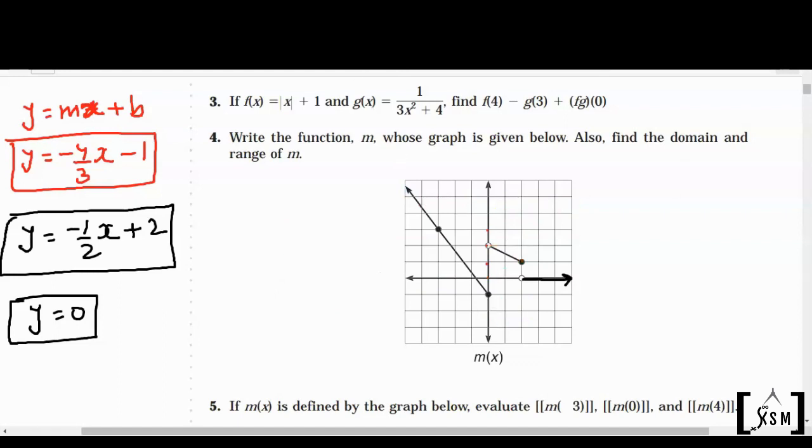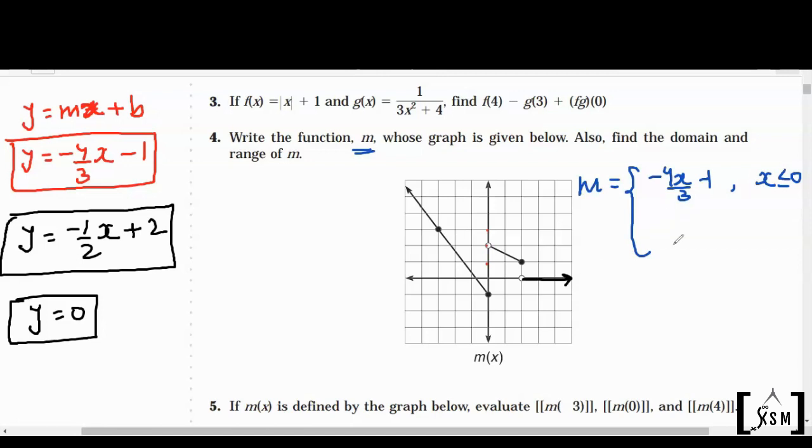Okay. So now the conditions are: the function name is m, so we'll write m equals, first function is minus 4x over 3 minus 1. This first function is defined for all values which are less than or equal to 0, right? So we wrote x is less than or equal to 0.